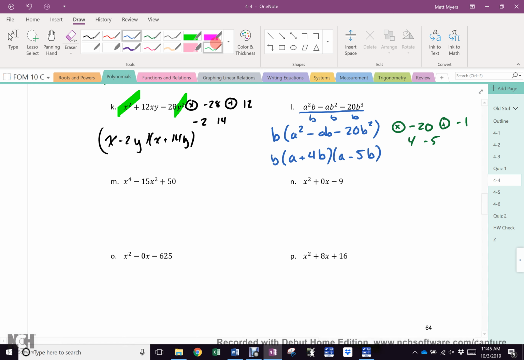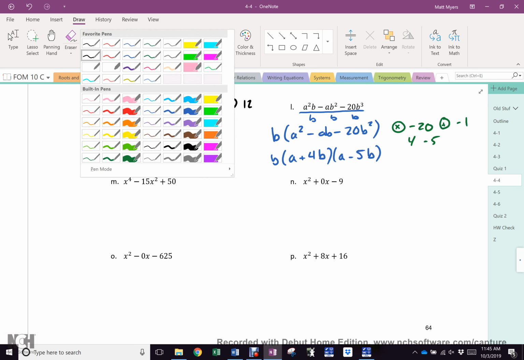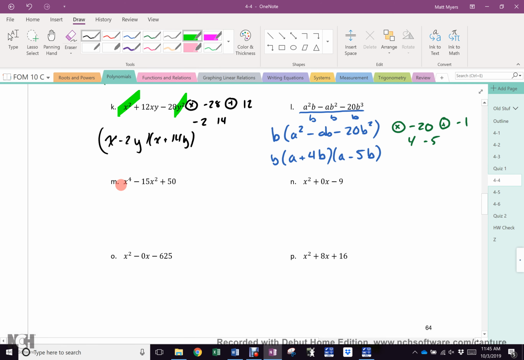Now I look at M and I say to myself, self. That shouldn't be crossed out. That was supposed to be highlighted. Self. x to the 4th. That's weird. But when I look at the previous one, I see x squared got me x and x, because Mr. Myers has said 1,000,000 times that factoring is the reverse of multiplying.